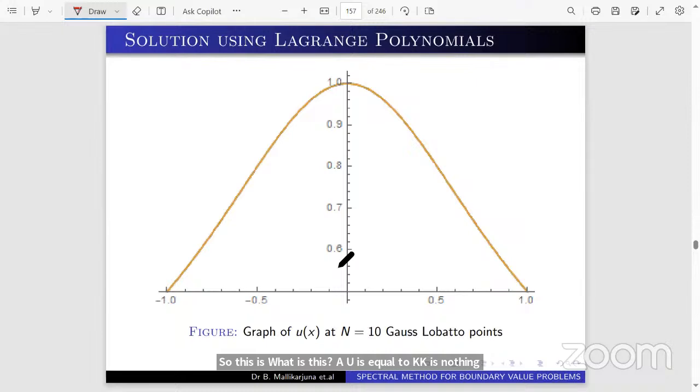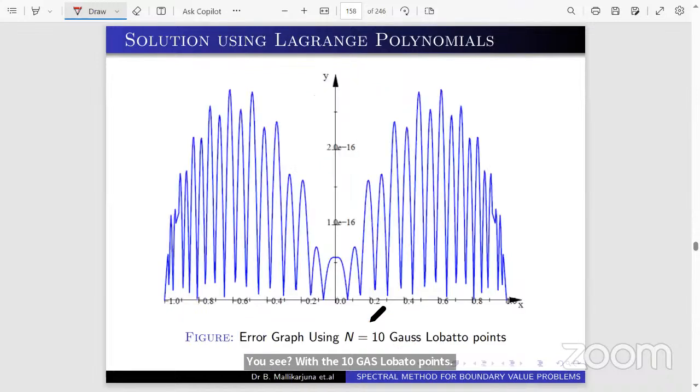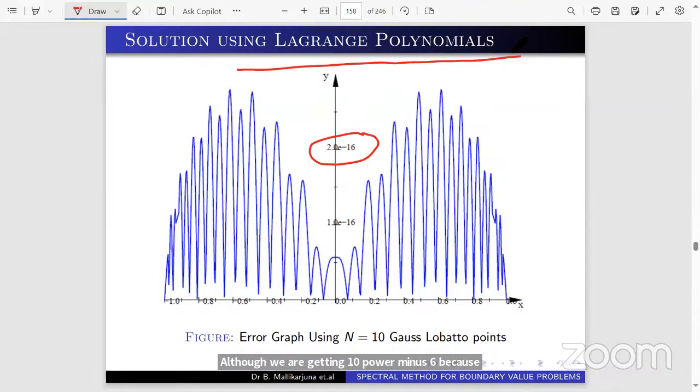You see, with 10 Gauss-Lobatto points, we are taking a small number of points here, although we are getting 10 power minus 6 because of this Lagrange polynomial concept.